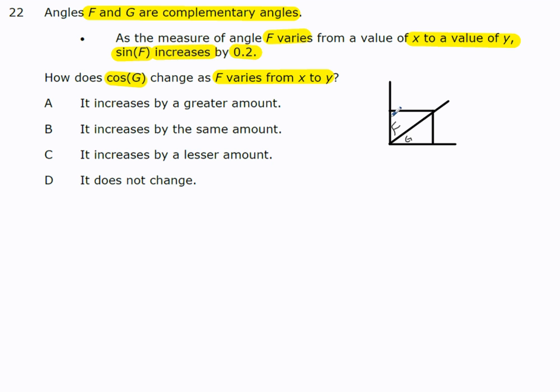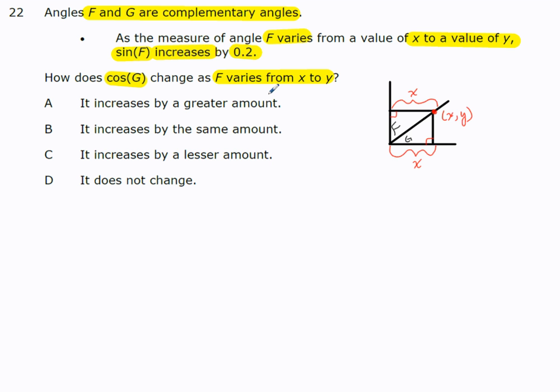I say rectangle because if we look at the point where they meet this line, if we let this be a coordinate plane, the x value would be my distance from here to here. It would also be my distance from here to here.